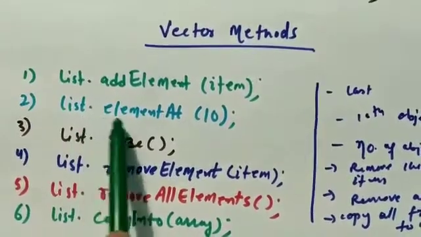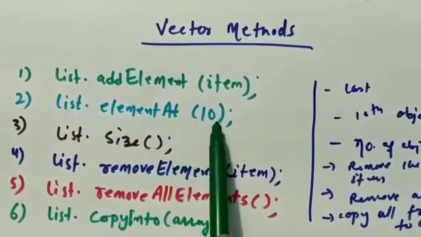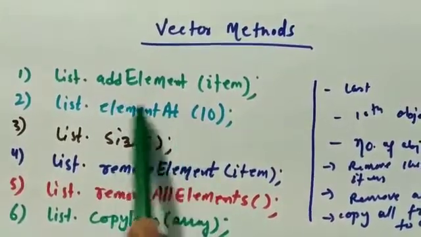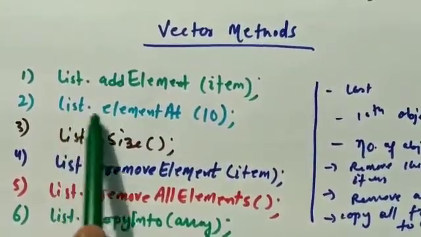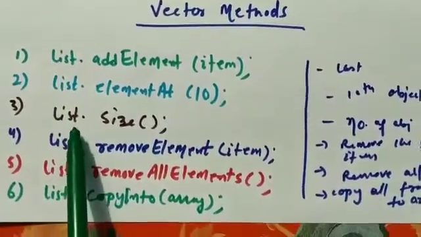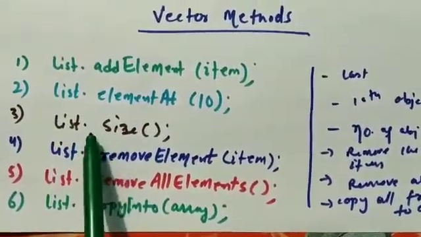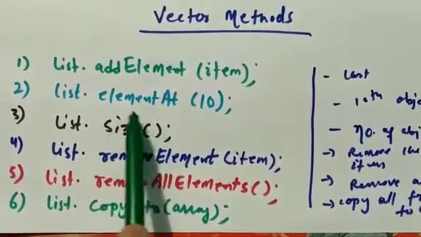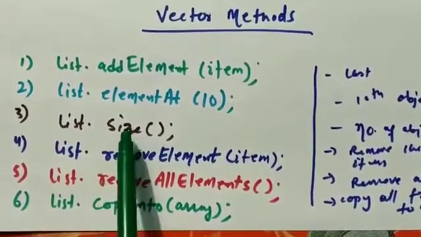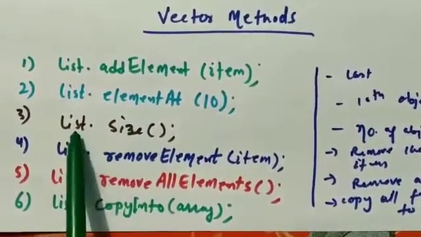Next is list.elementAt(10), which shows the 10th object of the list. Next is list.size, which tells how many objects are present in this list, in this vector. So it will show the number of objects present in the list.